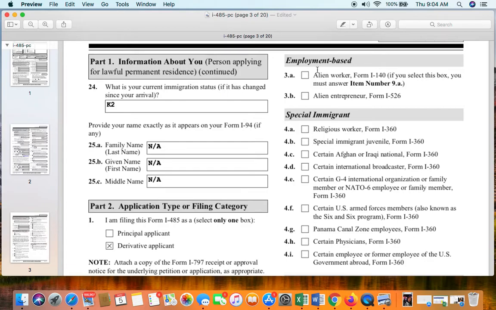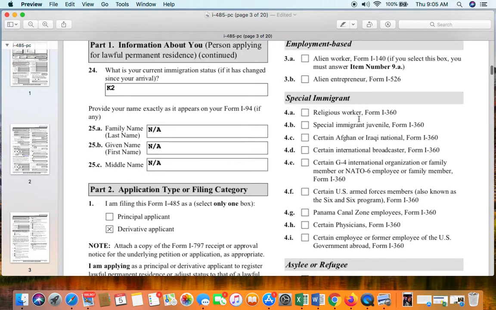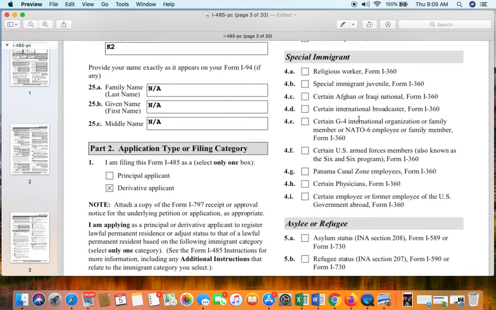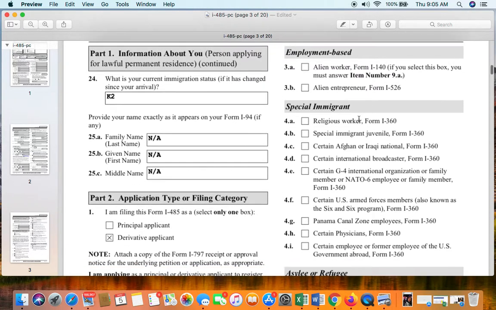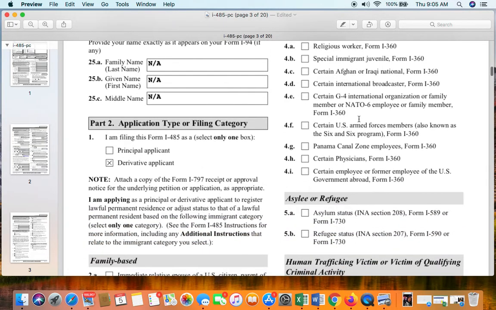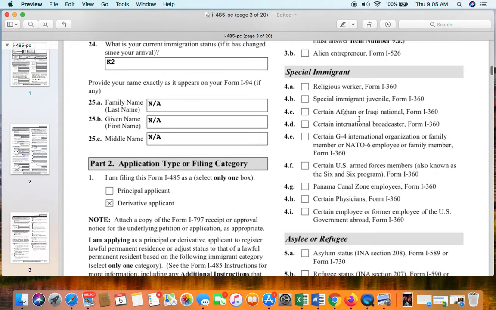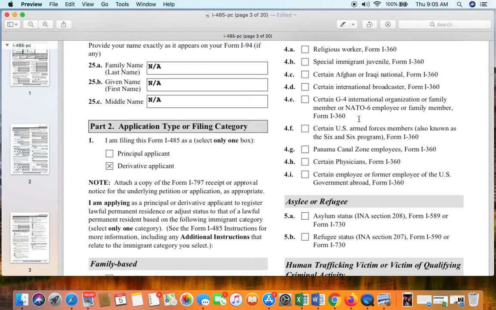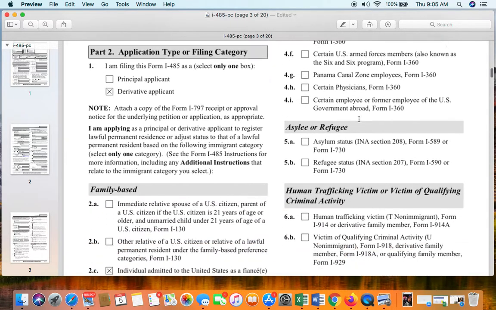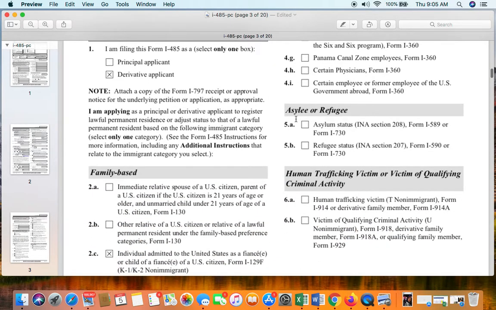So, employment based, alien workers. I'm not going to take this section right here since my derivative applicant, she's not working. So for a derivative applicant or your K2, since she's not working, you don't need to take these boxes right here. Asylee or refugee, asylum status, INA Section 208.